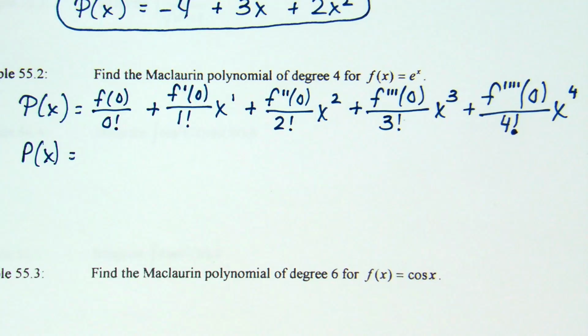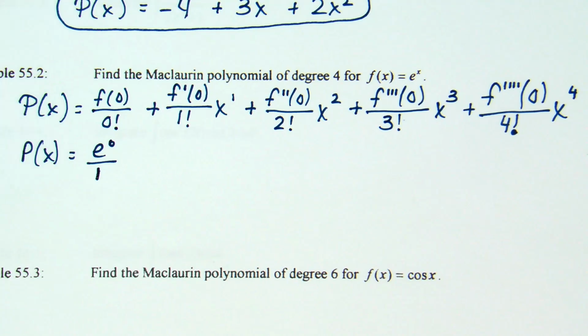Okay, f of 0. That means I'm going to be doing e to the 0 over 0 factorial. And what do we say 0 factorial is? 1. I'll go through and clean this up on the next step. What is e to the 0? 1, because anything raised to the 0 power is 1.